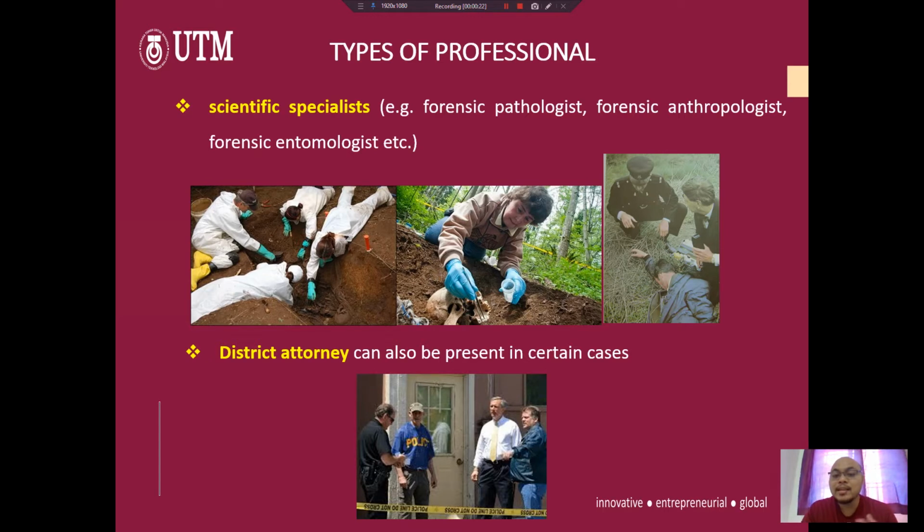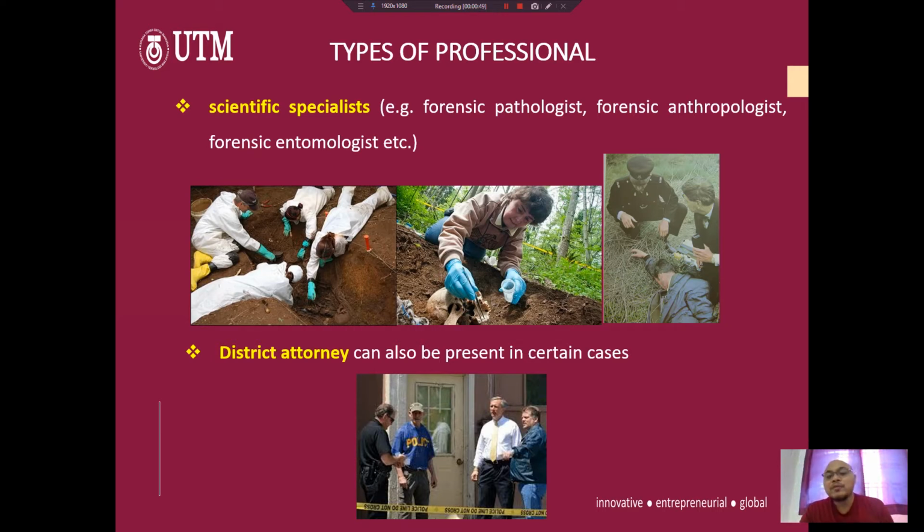For example, the CSI team is not specially trained for that particular case. Say you have a case involving an anthropologist: you have found multiple skulls, and you are not able to differentiate between human and animal skulls, so you don't know how to collect the sample properly. You need advice from anthropologists.